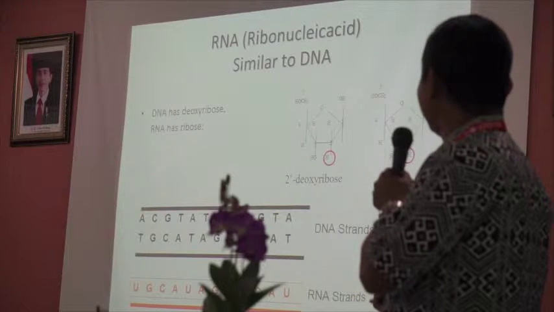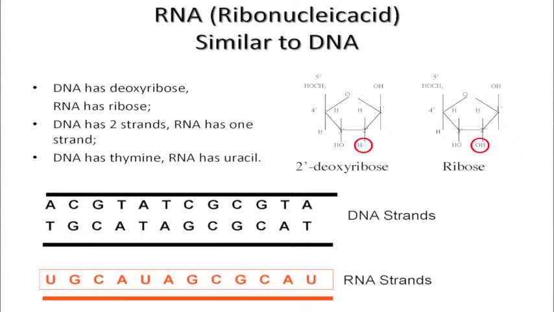Another component of the genetic element is RNA. RNA actually is very similar to DNA except for the sugar component. DNA is deoxyribose and RNA is ribose.